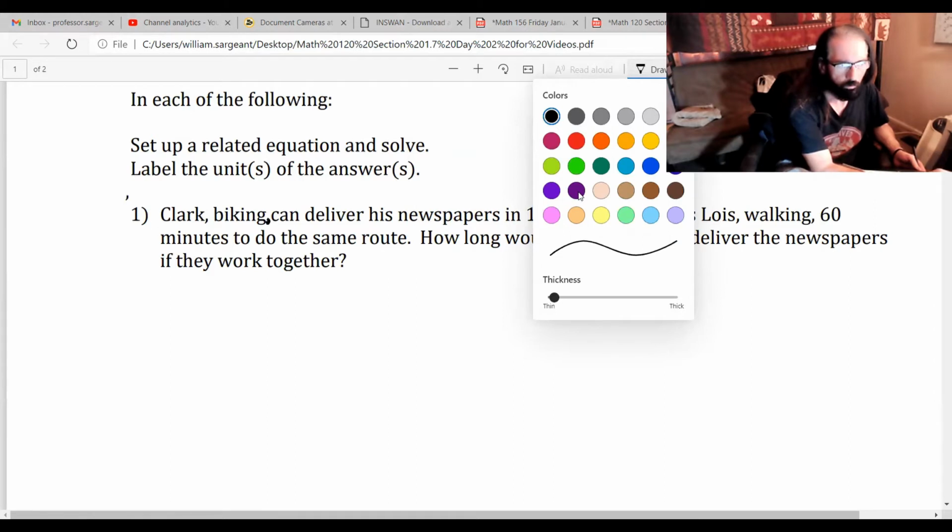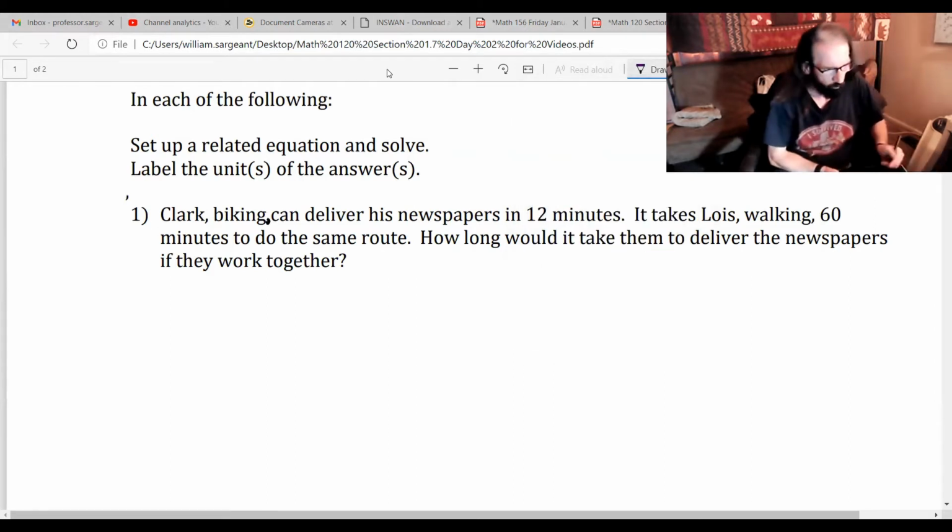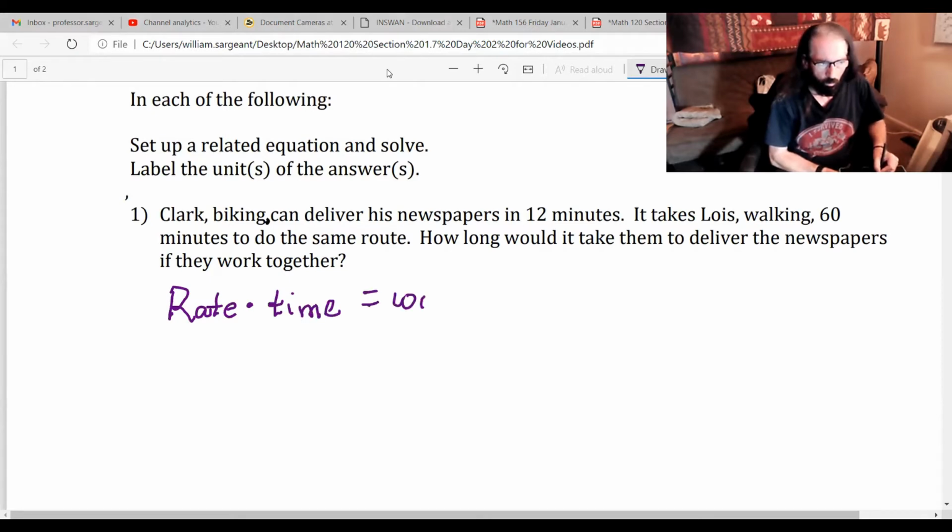And so let's write that down. Rate times time equals work. Or if you like, R times T equals W.